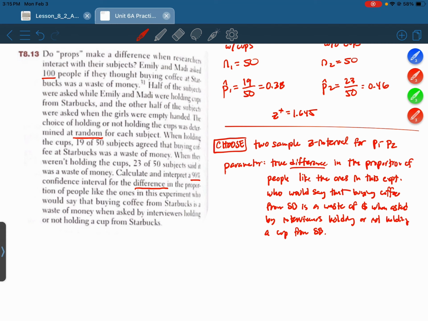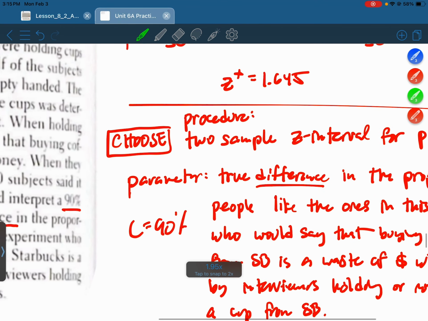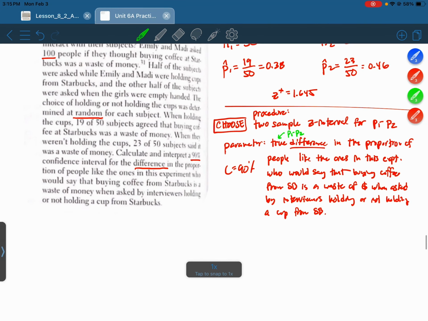Okay. All right. Other thing we should probably mention here is the confidence level is 90%. Okay, so that's all you have to do in the choose step, right? Name the procedure. Forgot to label that. Define the parameter, and then state the confidence level. Now, if you want to include notation here, the notation for the parameter is just p1 minus p2.